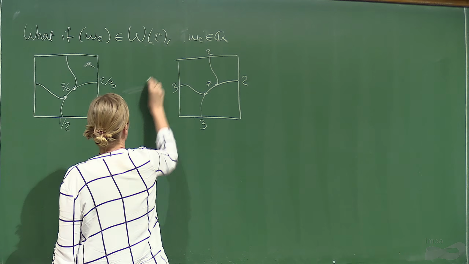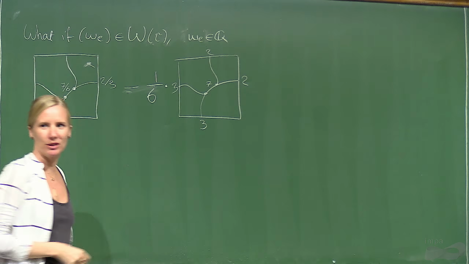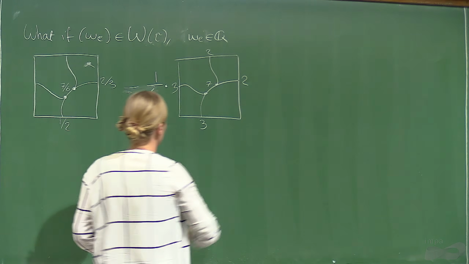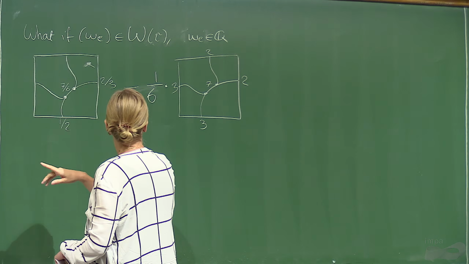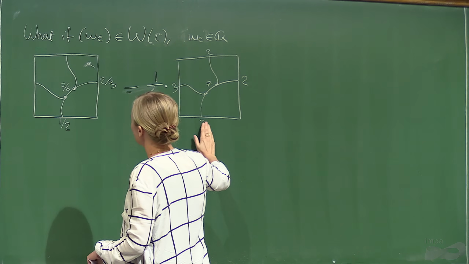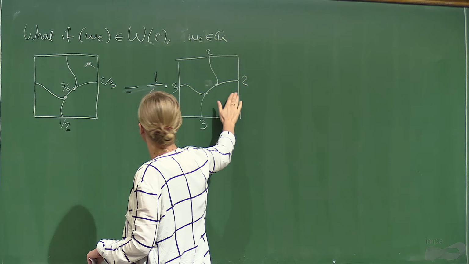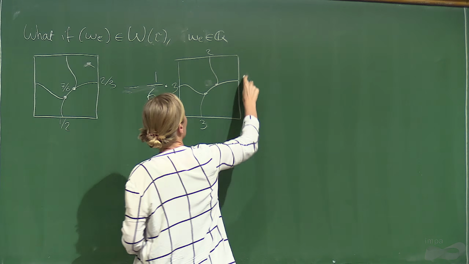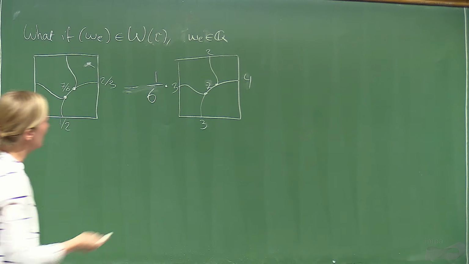But I have to divide that by 6, that is multiply by 1/6, for it to be the same. No, wait, something is wrong. That should be 5. If this should be 4. Thank you. Good. Okay, so it's not the same as this, but you can do the same.